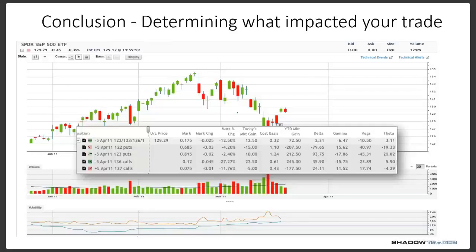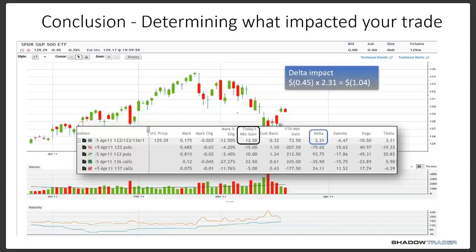So let's take a look at how we calculate this $12.50 profit that we had today. All right, that's our market gain for the day. Our delta is 2.31, which means every time the stock moves up, my delta is going to increase the value by 2.31 cents.